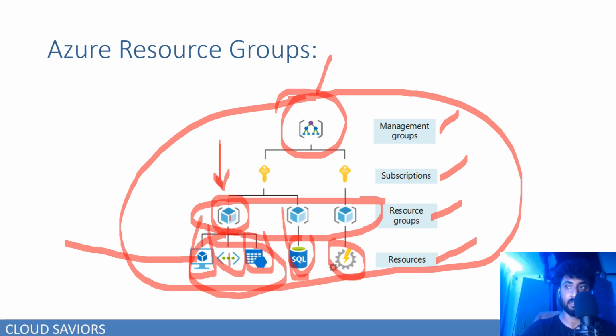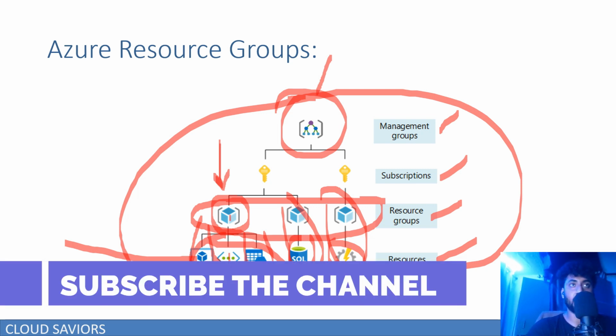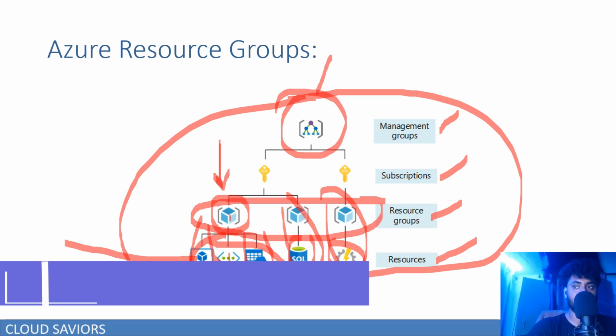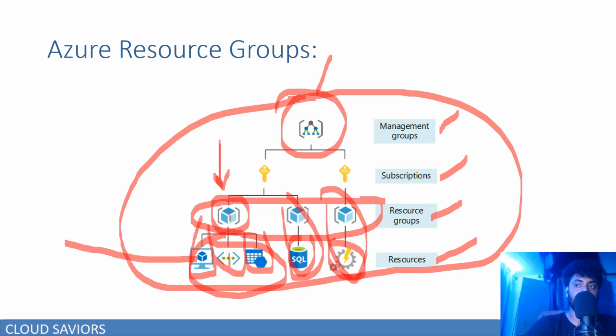The same thing applies here as well. Why is there a concept of RG? So that you can manage your resources in a better way. You can assign your RG to one single team, so that they have their own resources, and you can restrict any other user from seeing the resources of any other team.